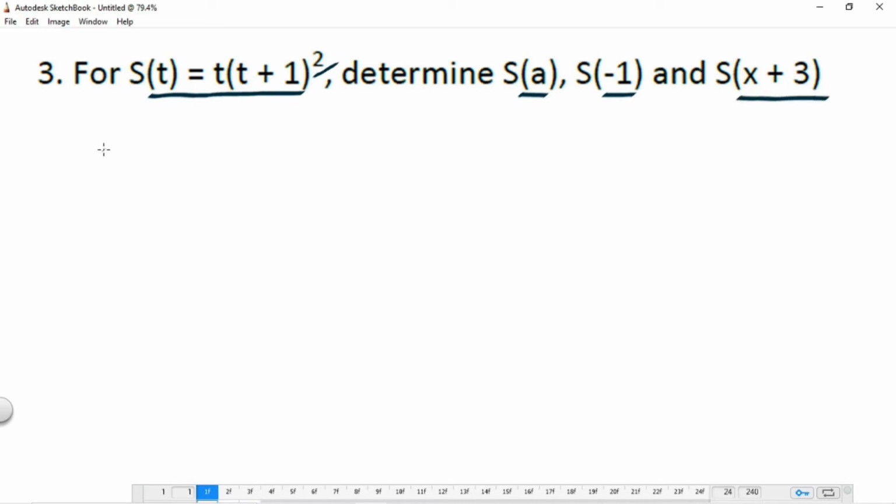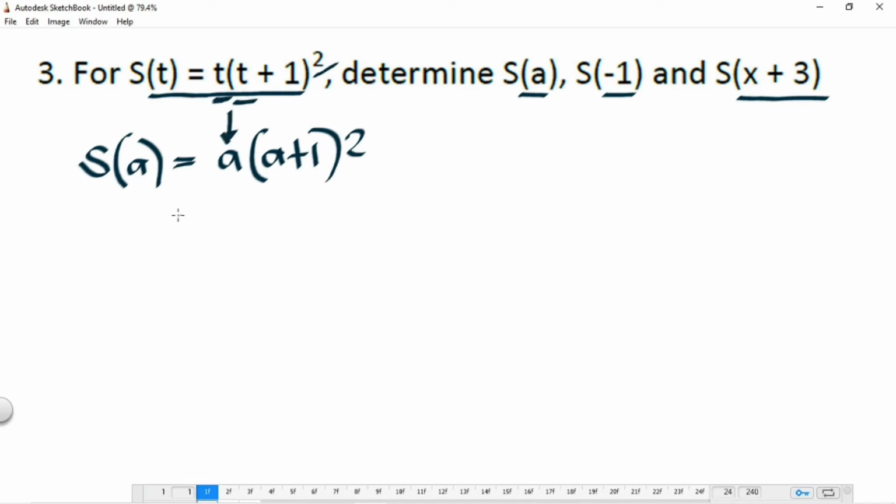For s of a, it is equal to a multiplied by a plus 1 raised to 2. All of these variables t become a. Then, let us try to expand this one. A multiplied by a raised to 2 plus 2a plus 1.